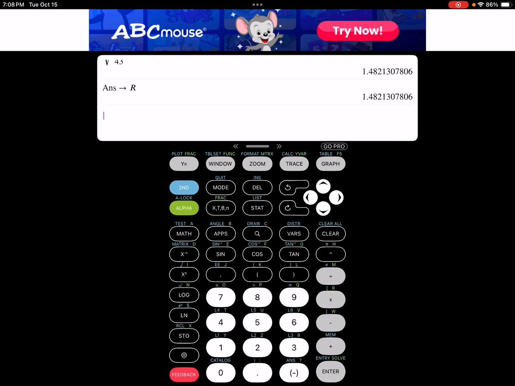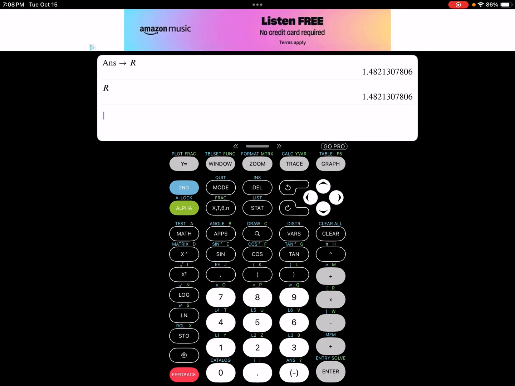And now anytime I type alpha and the times sign, anytime I type the letter R, it thinks I'm using, I've stored that exact value unrounded in the calculator. So that is a tool that we're going to use some throughout this class. If you haven't seen it yet, now you have.